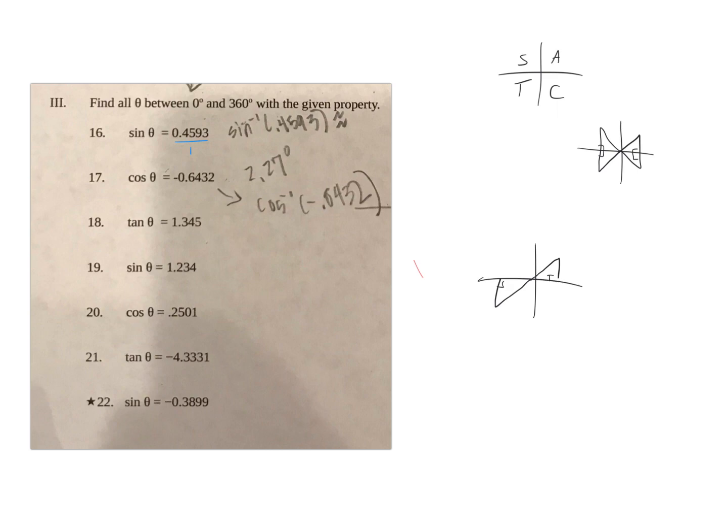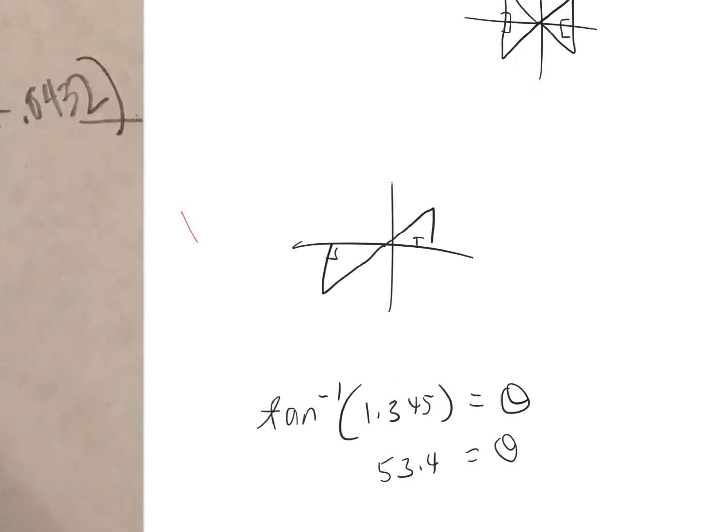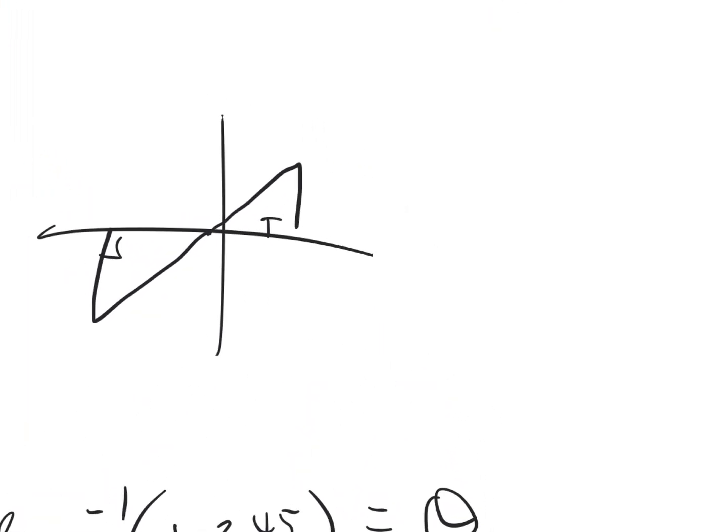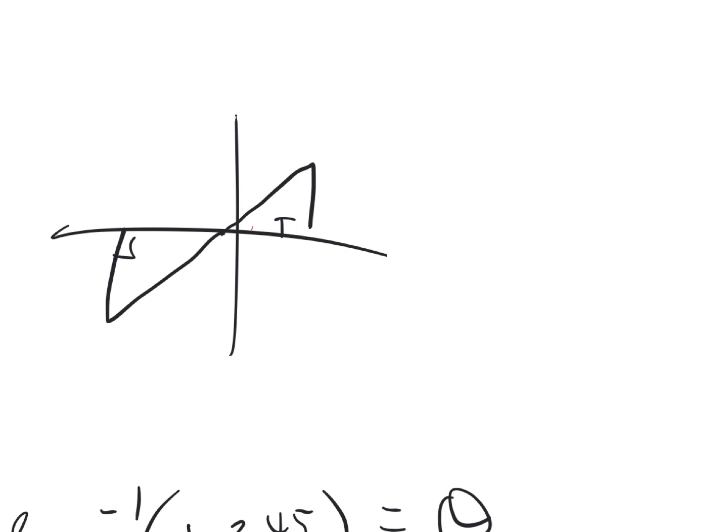Let's go ahead and plug the inverse tan of 1.345 in our calculator, and we will get 53.4. It's obvious, hopefully to everybody, that that 53.4 is this angle right here. As we start here, we end up there, and it's 53.4 degrees.